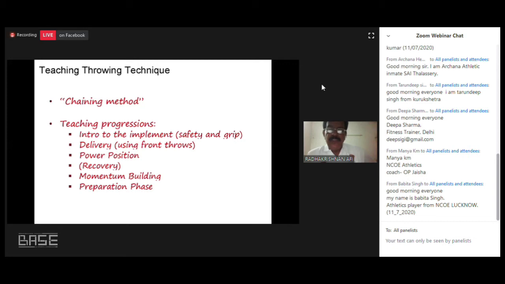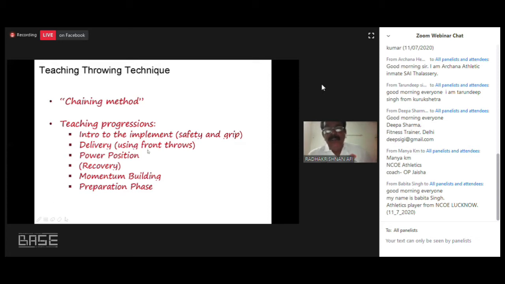And also make sure that we start teaching from one progression to the other only when the athlete has got a little bit of that skill in the beginning. For example, if the athlete is not able to deliver properly, let us not go to the power position. When they start delivering properly, then we'll go to the power position.